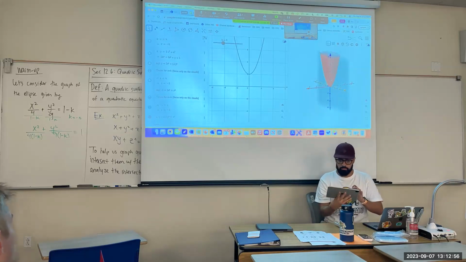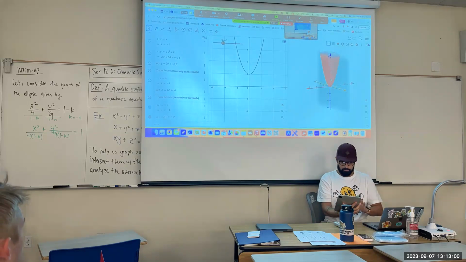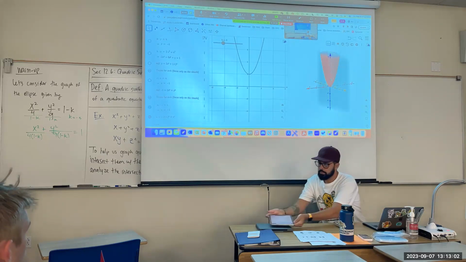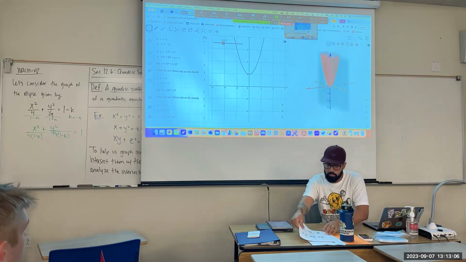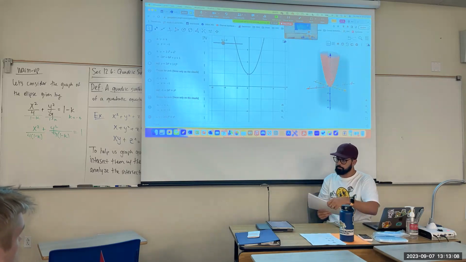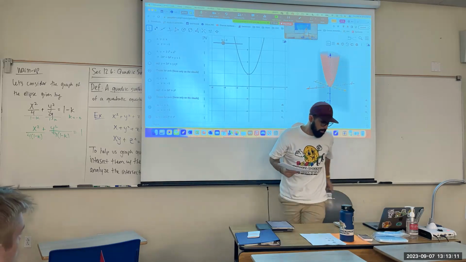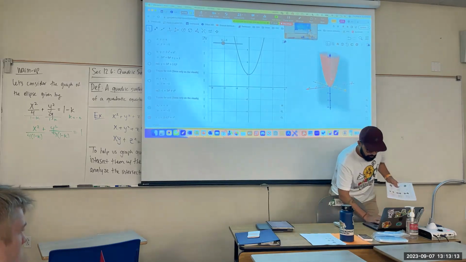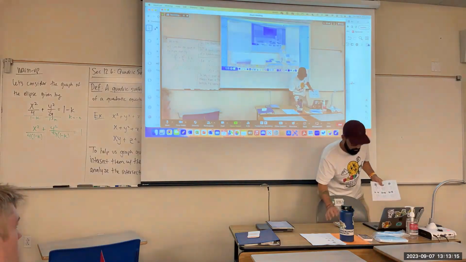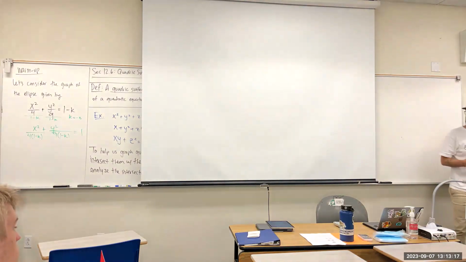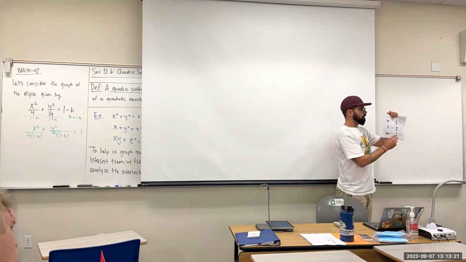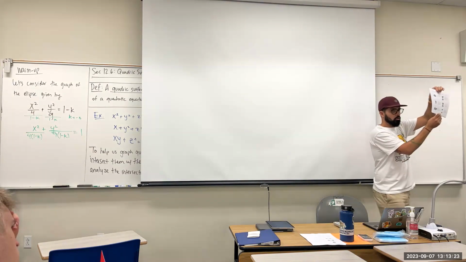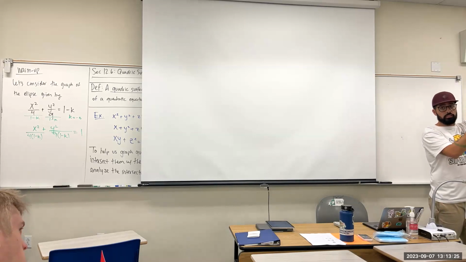Let's see. Make sure I didn't miss anything that I want to mention. Okay, we give you this handout. This is going to be pretty challenging to do. So these are the 6 main quadric surfaces that we're going to focus on in this class.